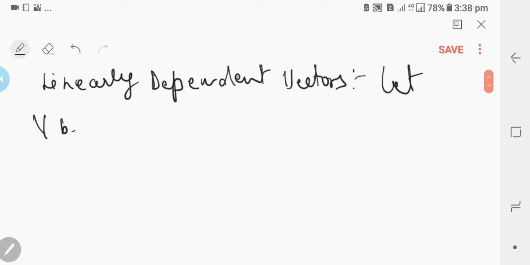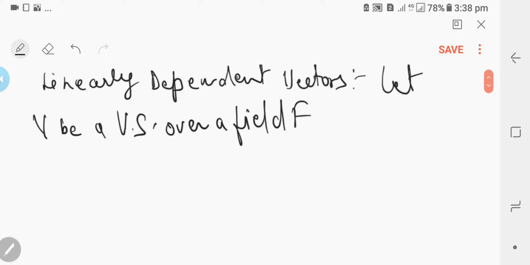Let capital V be a vector space over a field F. When we take this field as the set of real numbers, then we call it a real vector space.